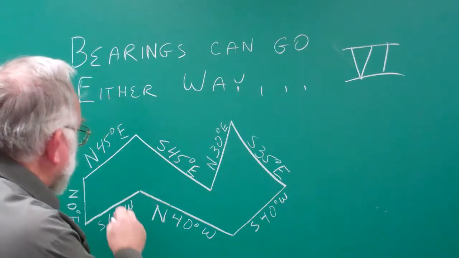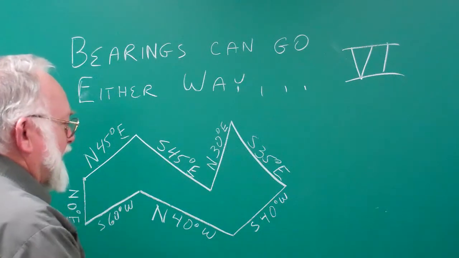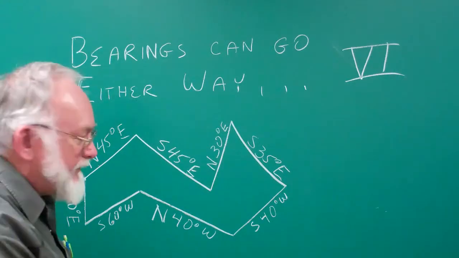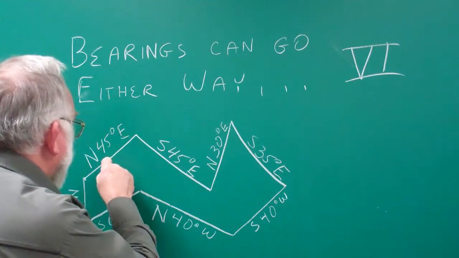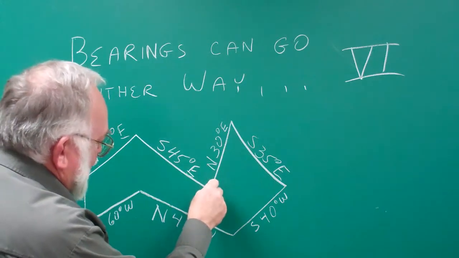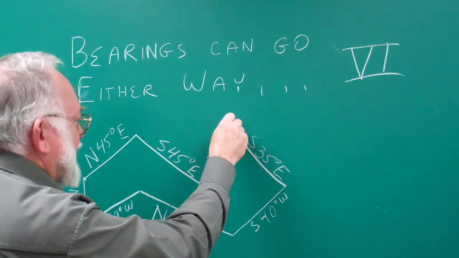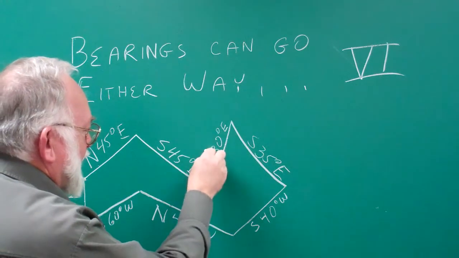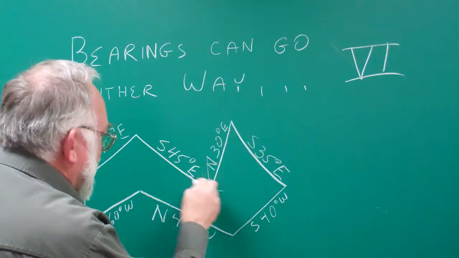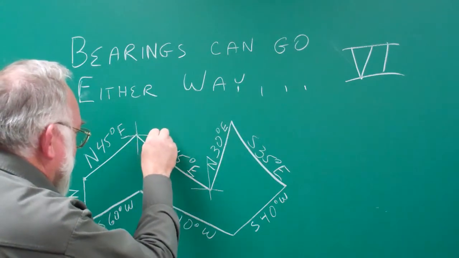Let me demonstrate this. We've got an odd-shaped traverse, but one that nonetheless works. We've got north 45 degrees for this much, south 45 degrees east, then north 30 degrees east. Remember, our bearing intersections happen like that.